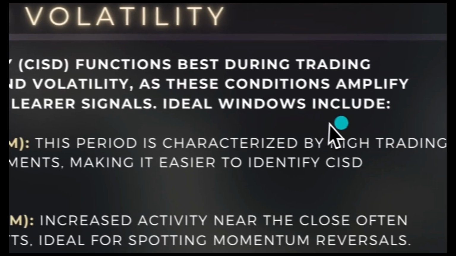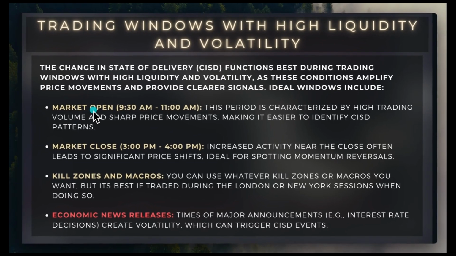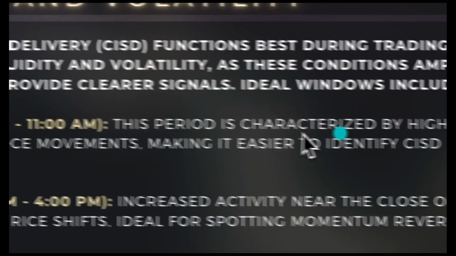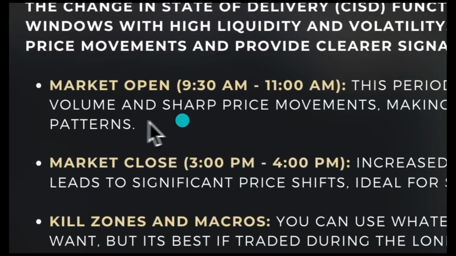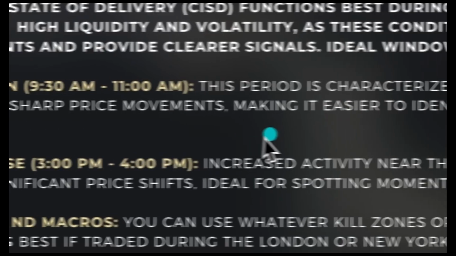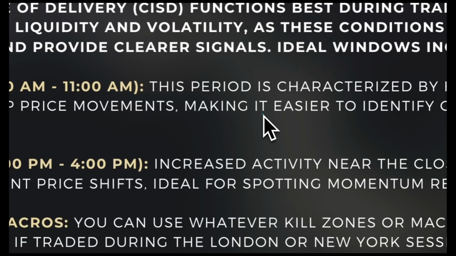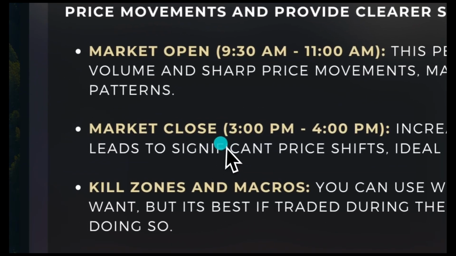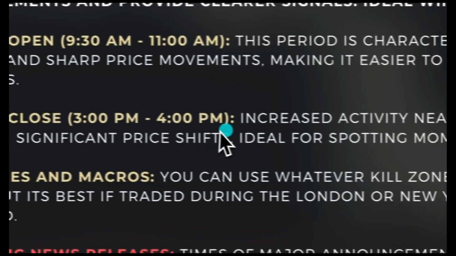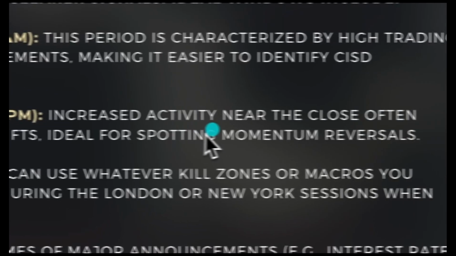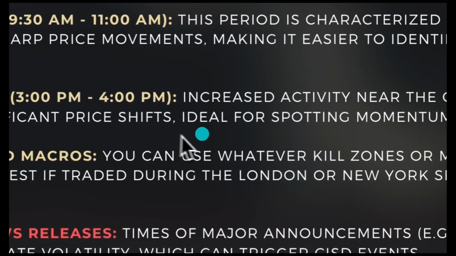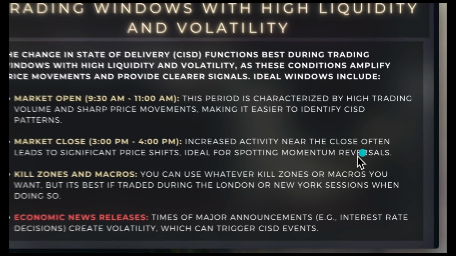Ideal windows include market open, 9:30 a.m. to 11 a.m. This period is characterized by high trading volume and sharp price movements, making it easier to identify CISD patterns. The next one is market close, so 3 p.m. to 4 p.m. Increased activity near the close often leads to significant price shifts, ideal for spotting momentum reversals.